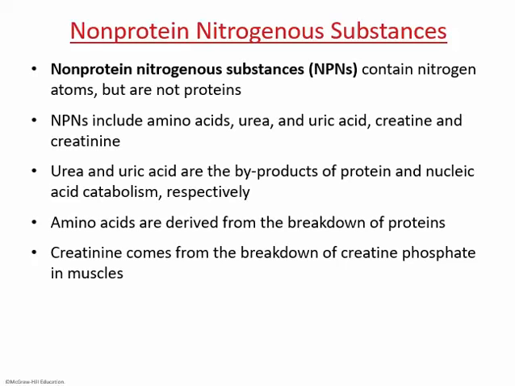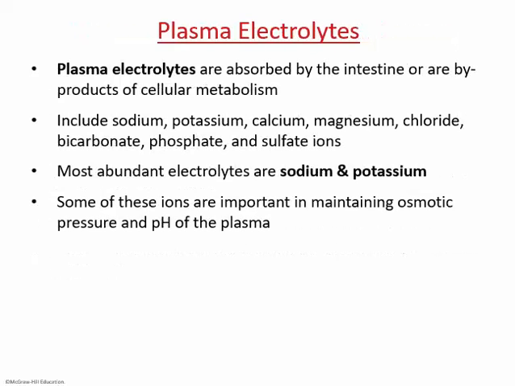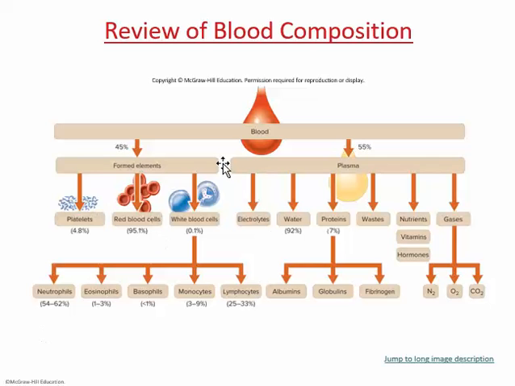They are the result of oxidizing proteins to make ATP. Urea and creatinine are the most important of them. There's a bunch of electrolytes, the sodium, potassium, calcium, and that, and they maintain osmotic pressure and they maintain pH. So if you look at it, this is the review of the same slide we saw at the beginning.